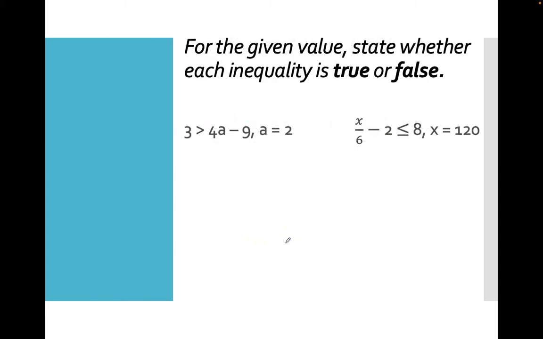So let's just take a look at a couple inequalities, and let's see if these possible solutions make the statement true or false. So for this first one, is 3 greater than 4 times a minus 9 if a equals 2?